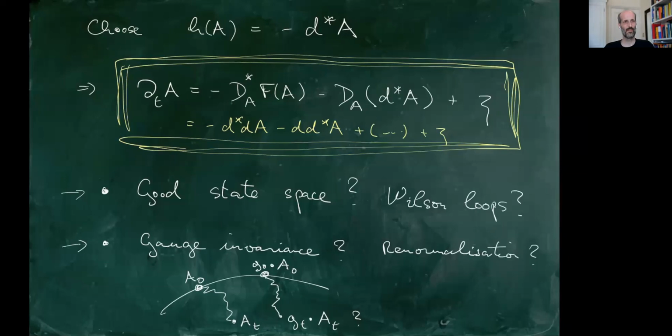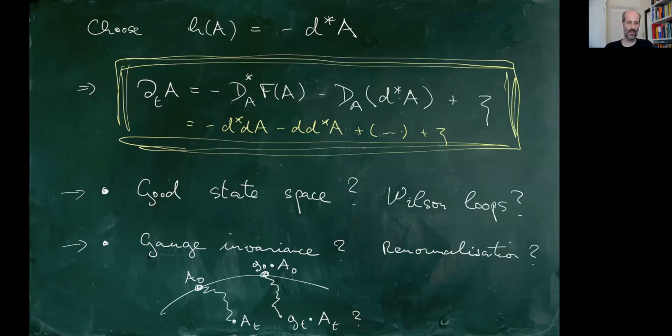Maybe one small question. Could you also just fix a gauge? You say I fix a Coulomb gauge for A, and then I look at the equation. Well, okay. One thing is that there is no global way of fixing the gauge. Locally you can fix the gauge, and then at some point you might hit a singularity of your chart, and then you might have to move to a different gauge.